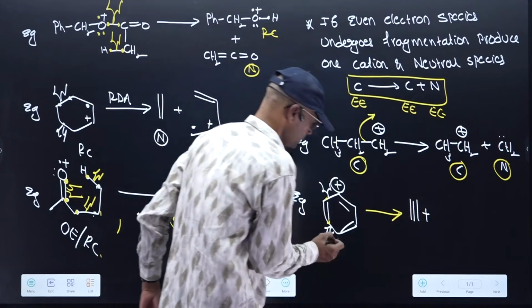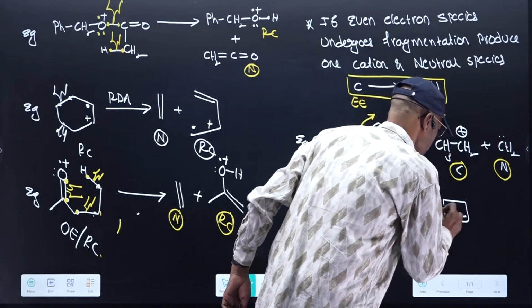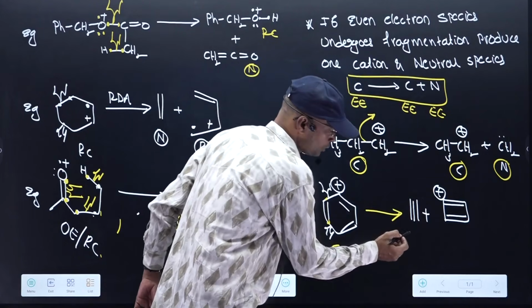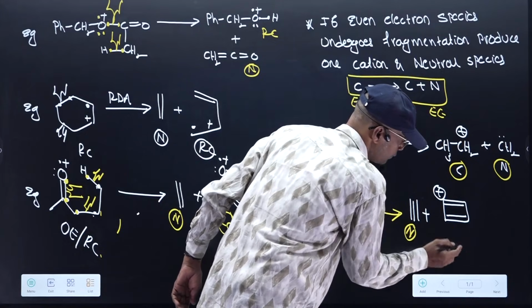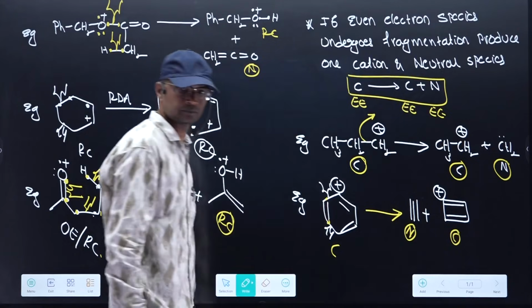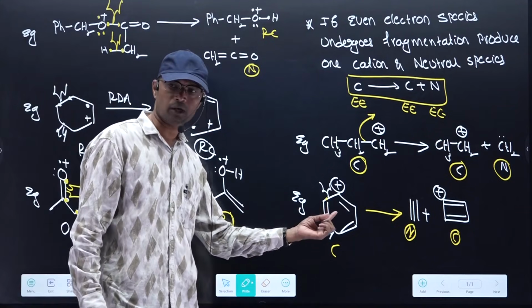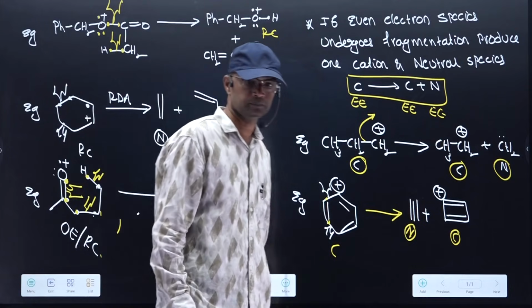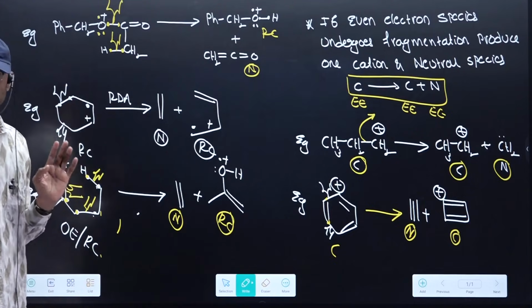Then this radical forms how many member ring? A 4-member ring. And here what is the charge? Positive. Right? So is it neutral? Then what is this? This is a cation, even cation. Is it even electron or odd electron? Even electron. Even electron fragments give neutral and cation. This technique is very, very important for fragmentation of any functional group.